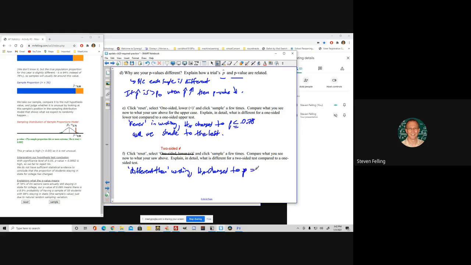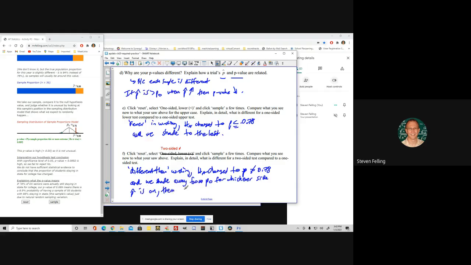In other words, P is not equal to the null hypothesis value. And we shade away from H0, from the P0 value, for whichever side P hat is on.